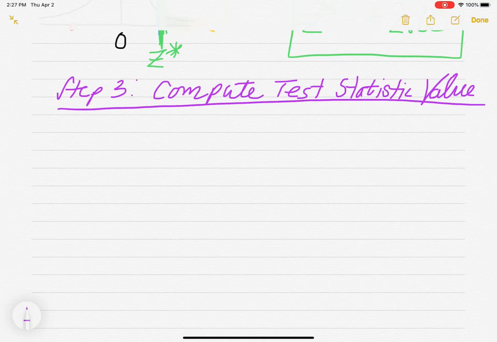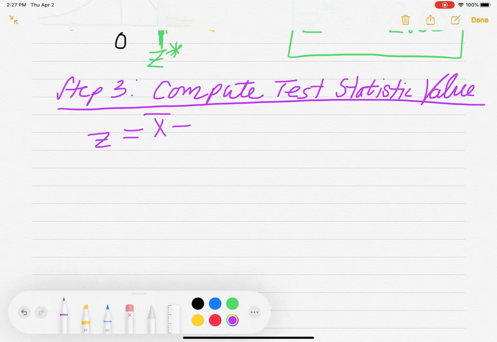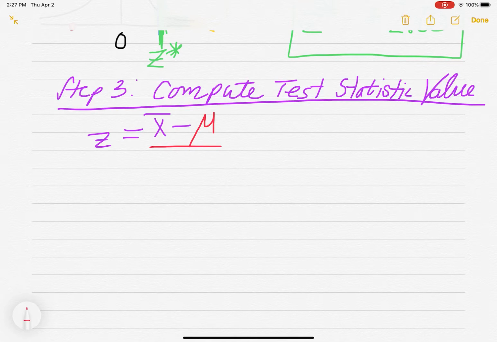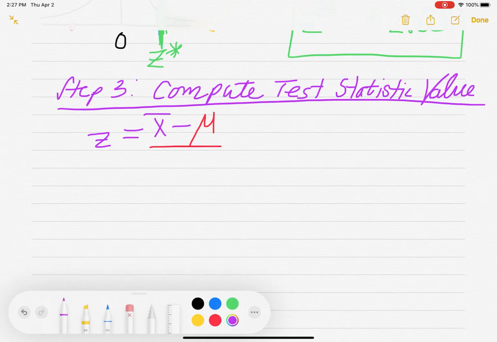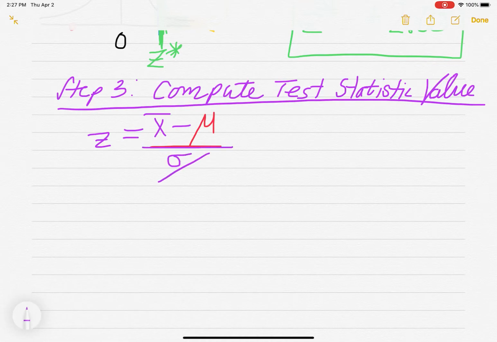We know we're dealing with Z's rather than T's. So the test statistic formula for a Z-score is X bar minus mu, divided by sigma, the population standard deviation, divided by the square root of n.